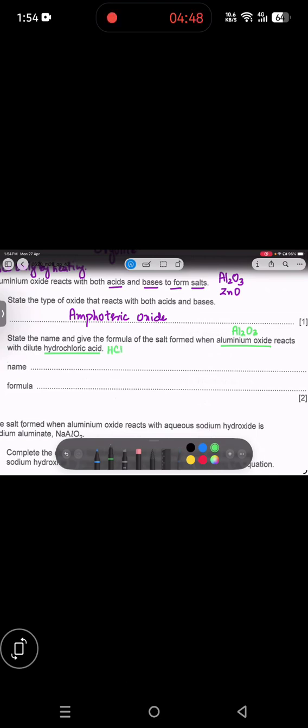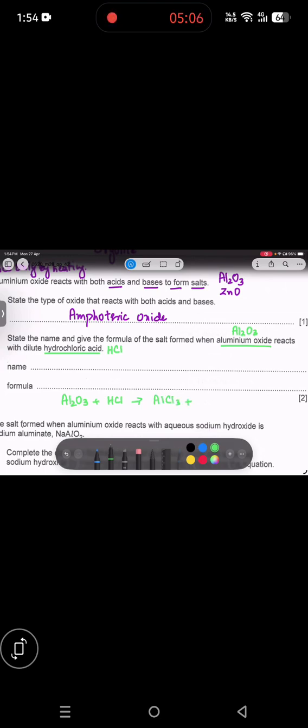Now we have to write down the equation to get the formula and the name. So Al2O3 reacts with HCl, it will form aluminium chloride.